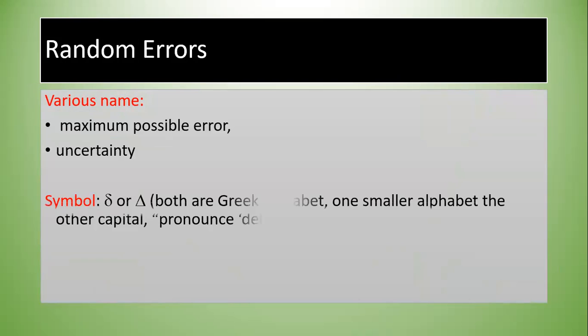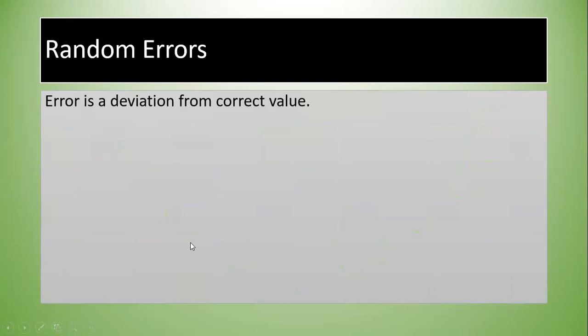Random error is also called maximum possible error, or uncertainty. We can use the small Greek letter delta, or triangle, also called delta. What is error? Deviation from the correct value. So we represent it as delta L. Delta L we call the uncertainty or random error, and L is the measurement.